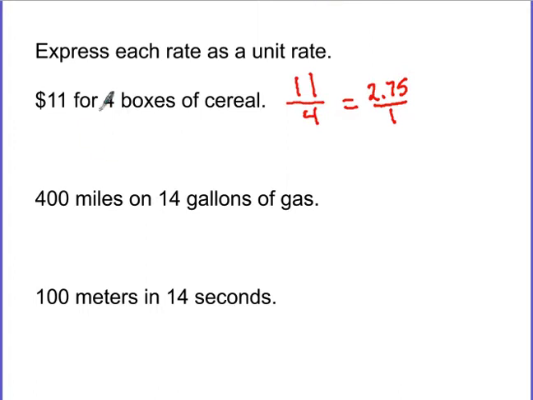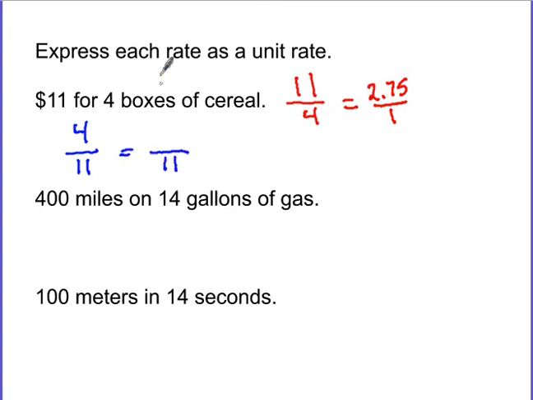Now let's do this a different way. If I had put 4 on top and 11 on bottom, then what do I have to do to turn this into a 1? Divide by 11. What's 4 divided by 11?